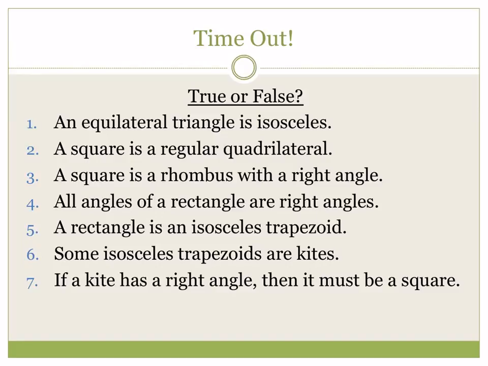A rhombus would work, or a square would work, because a square is a specific kind of rhombus. But you'd need at least a rhombus, the diamond shape that you guys are talking about. So it has to be isosceles, has to be a trapezoid, and then it would have to be a kite. A lot of descriptions that are the same. Okay, so yes, a rhombus would work or a square would work for that one.